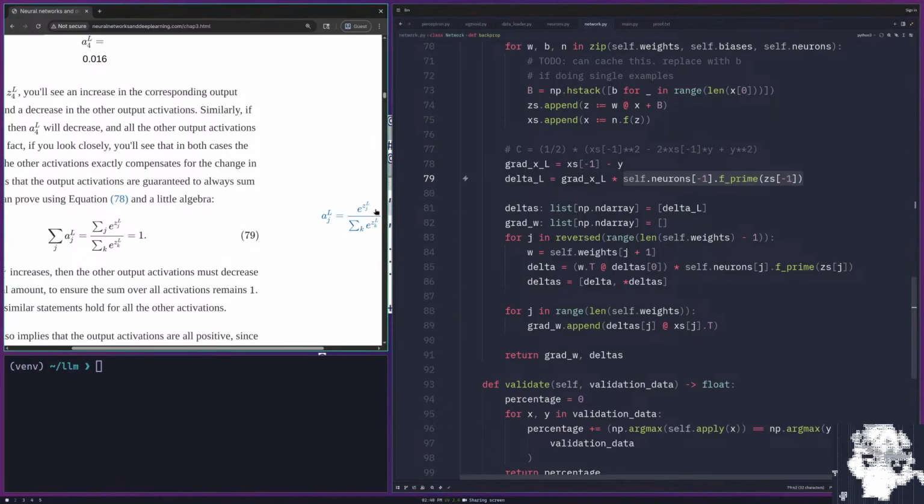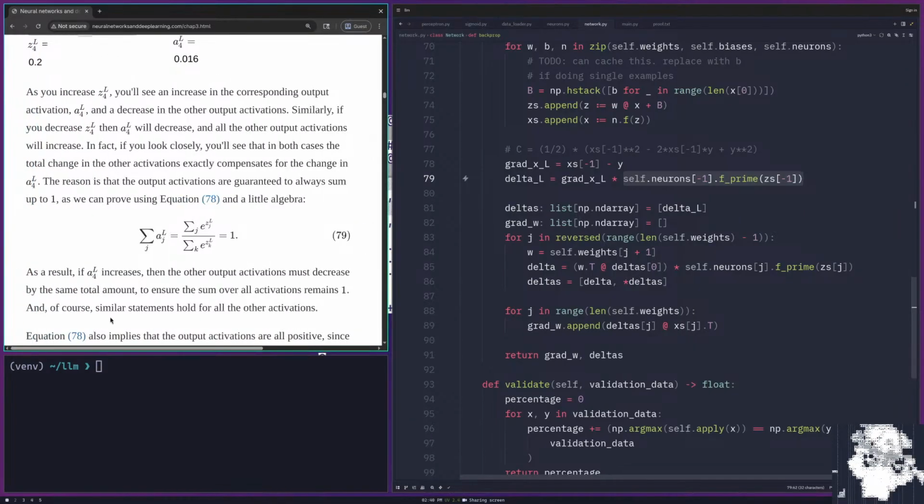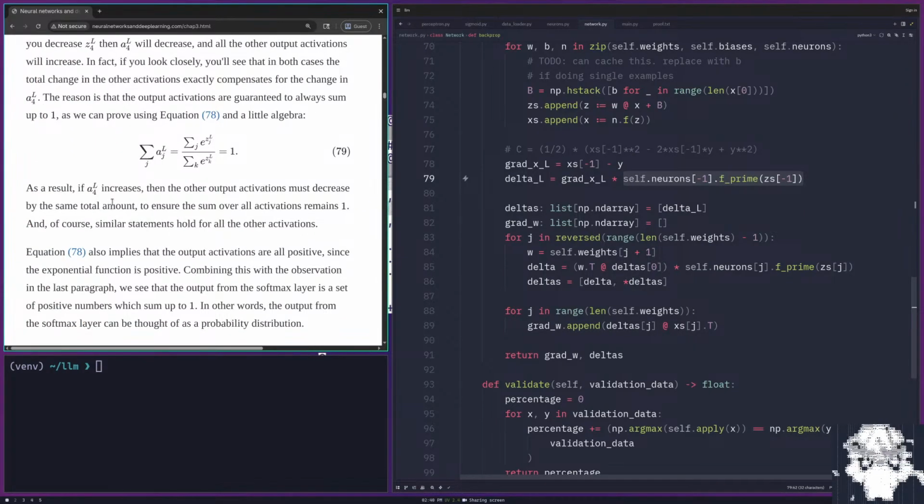So the bottom term is the same for all of them. When you sum up all the A_j's, you get the same top term and the same bottom term, which equals 1. As a result, if A4 increases, then the other output activations must decrease by the same total amount to ensure the sum over all activations remains 1. And of course, similar statements hold for all the other activations.